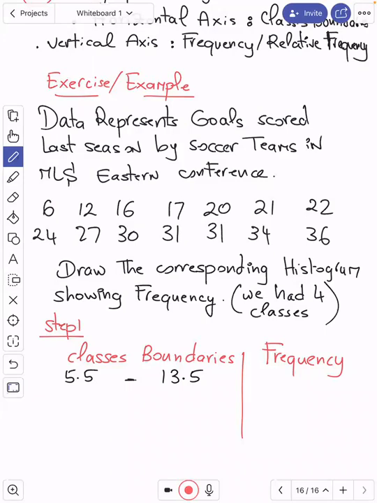For the second class, the lower boundary was 13.5 and the upper is 21.5. Again, guys, we already made this frequency table last week. I'm just trying to remind you of the values we had last week, okay?